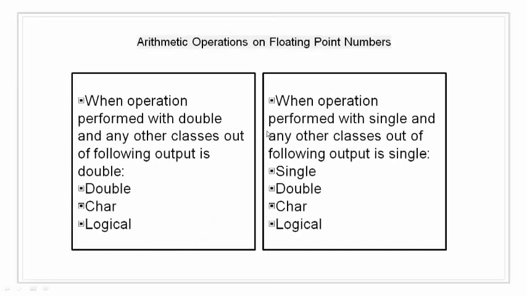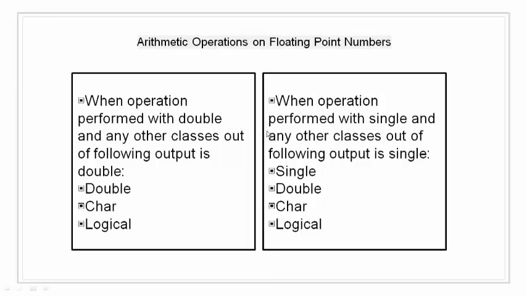Arithmetic operations on floating point numbers. While performing arithmetic operations on floating point numbers with single and double precision, we have to remember what the data type of the answer will be. On the left, I have highlighted the point for double. When in an arithmetic operation one of the operands is double and the other one is either double, character, or logical, then the result is always a double data type.